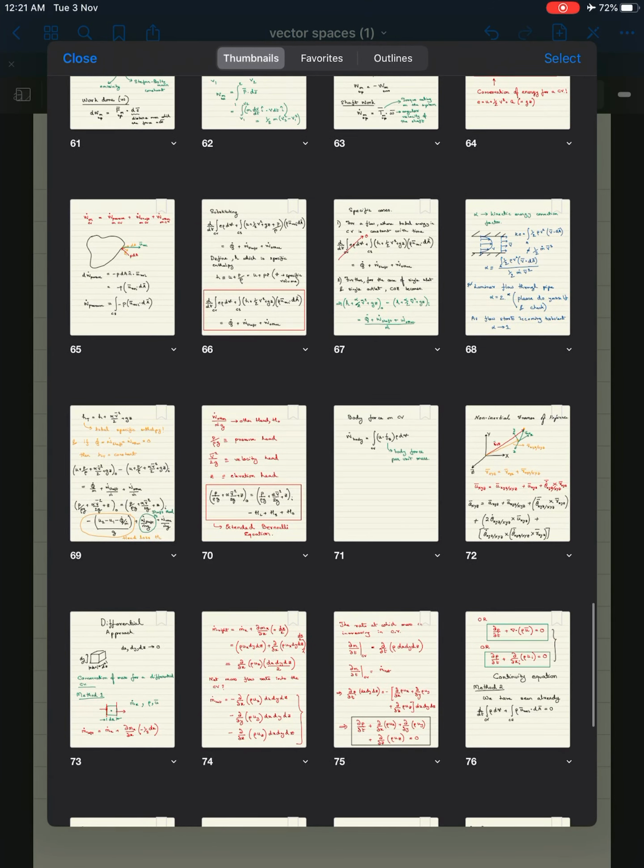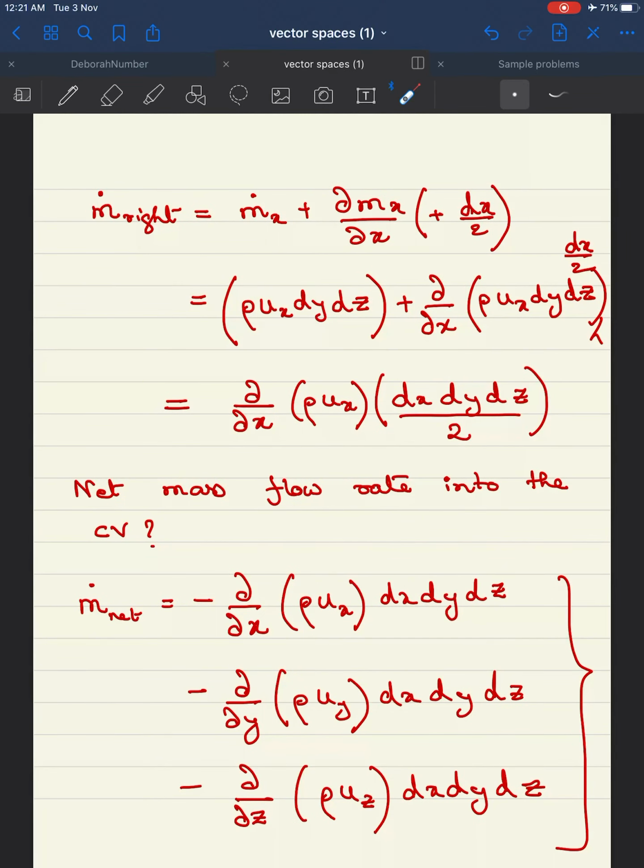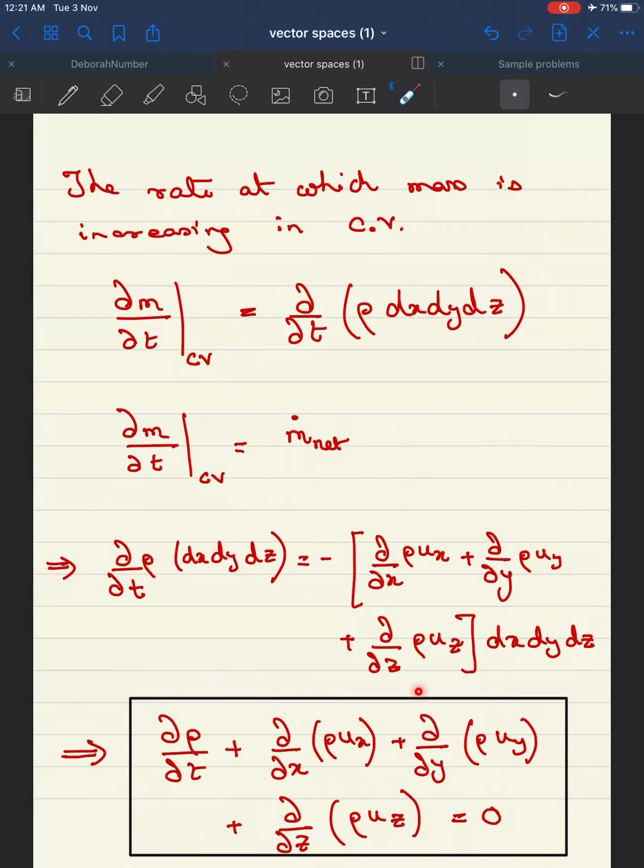Right, so we were looking at the differential approach, and we were doing the conservation of mass for a differential control volume. We had taken this differential element, and one of the ways was to look at all the fluxes through the different faces, and when you equated all the fluxes, you got the continuity equation, which is this one.